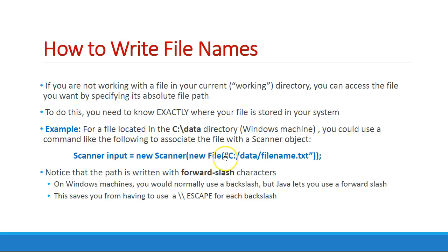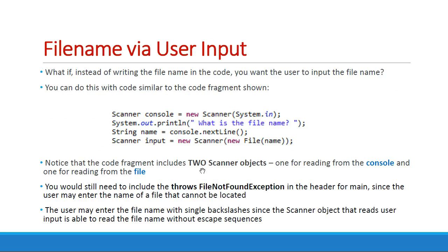Now, another great exception for Java is that when you specify a file name in Windows, whereas we all know it's backslash something, they actually use a forward slash so that you don't have to escape. But that's obviously backwards, a little bit confusing. So just note that if you're going to be doing this on Windows. And you're going to be giving it an absolute path name, which I don't recommend.